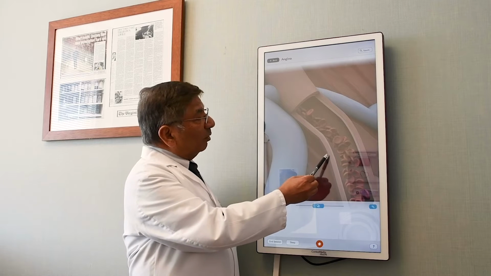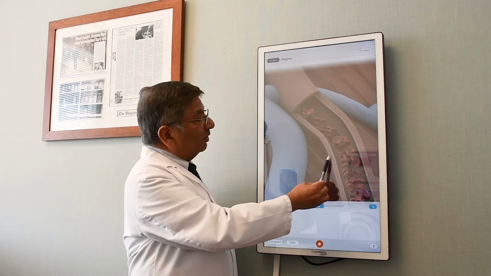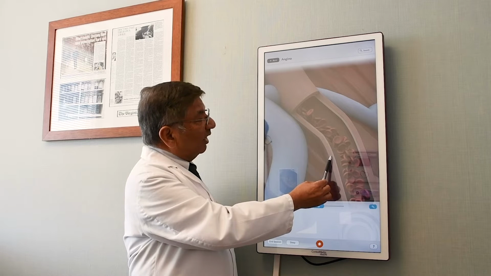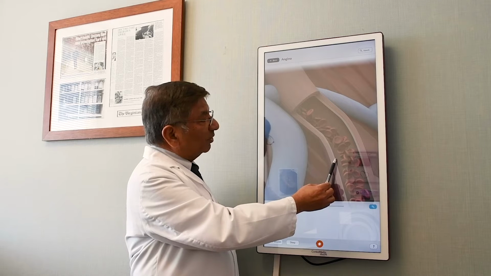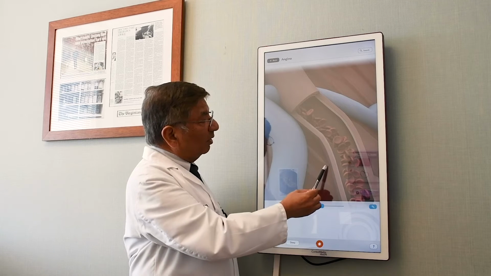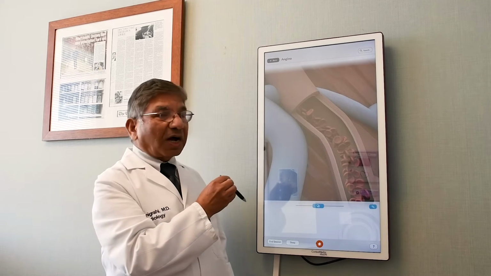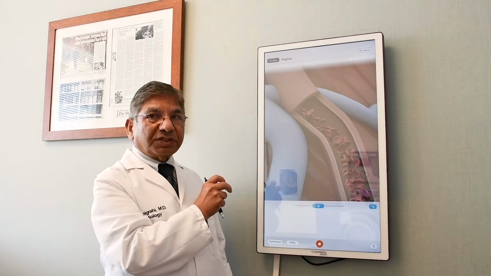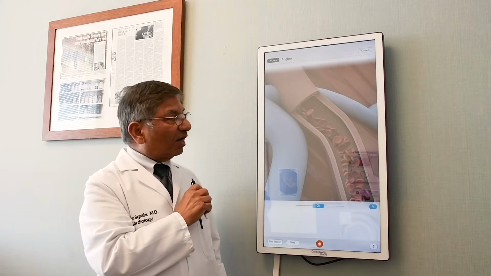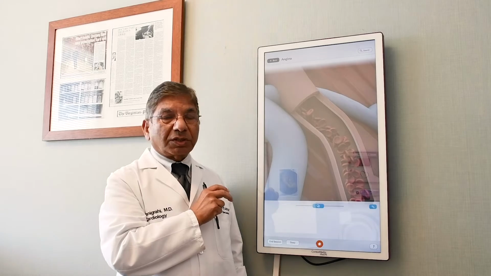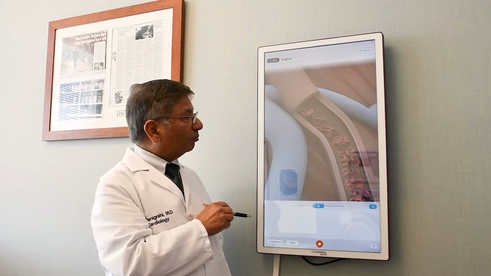As you can see, the wall of this artery has three layers. The internal lining is the endothelial lining that separates the constituents of the blood from this wall. The middle layer is composed of muscle so that the artery can constrict and relax, and the outer lining is a collagen tissue, very strong, in order to maintain the patency of this artery.